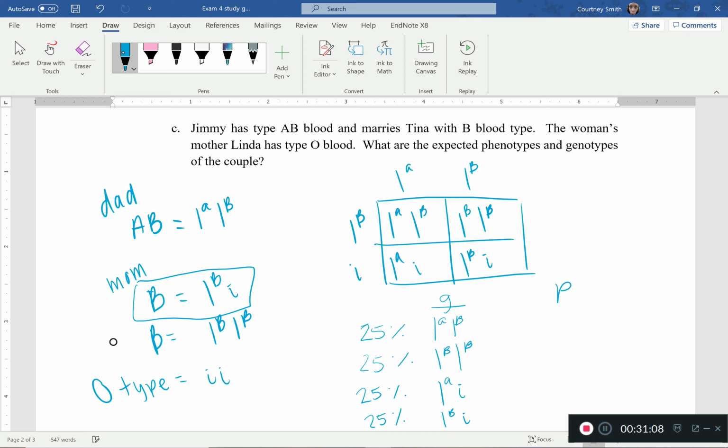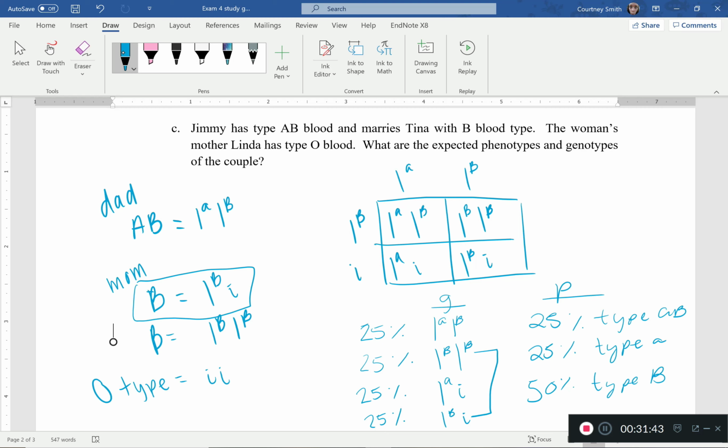Now, phenotypically, you have a 25% chance of being type AB, and then a 25% chance of being type A, and then you have a 50% chance of being type B, because we have a genotype right here and another genotype right there that codes for type B blood.